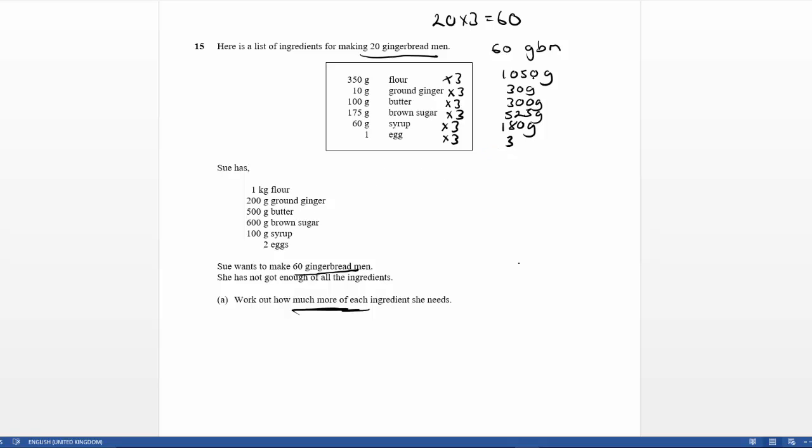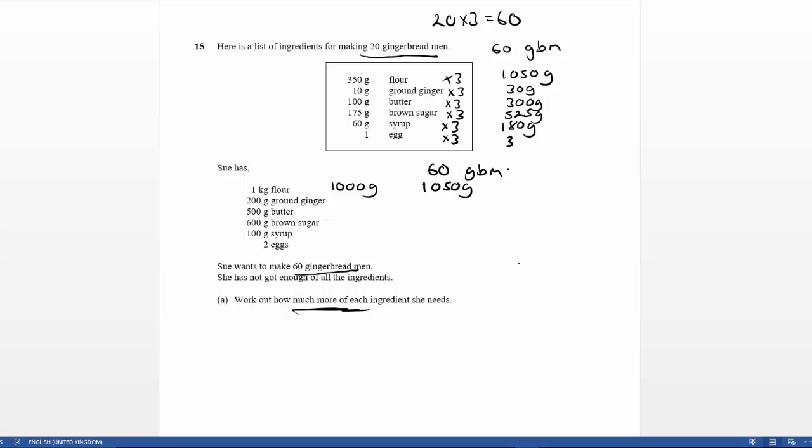Now, let's compare them. She has one kilogram of flour, which is equivalent to 1,000 grams of flour. So for us to make 60 gingerbread men, we need 1,500 grams.